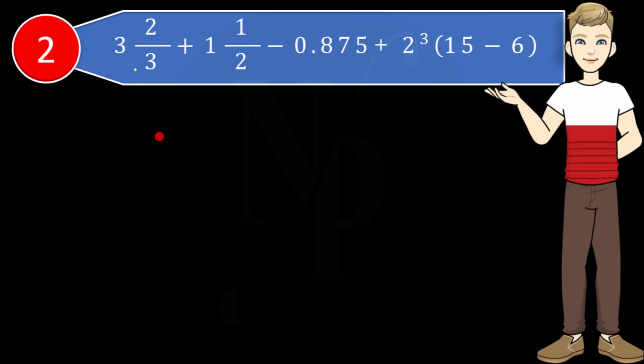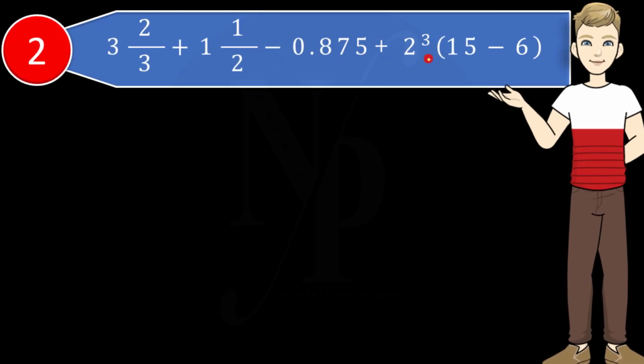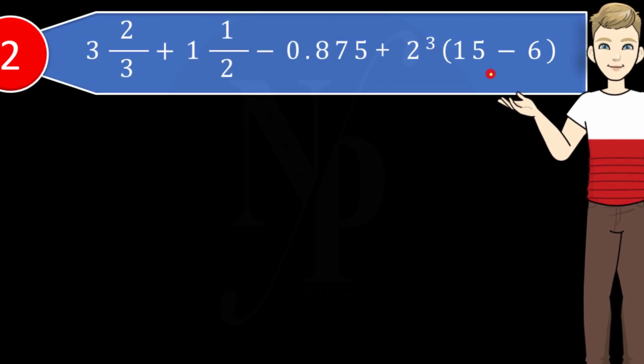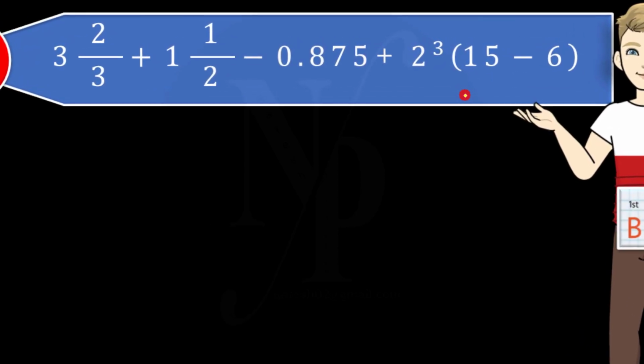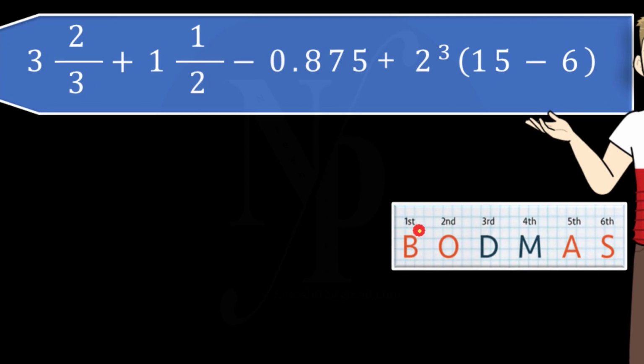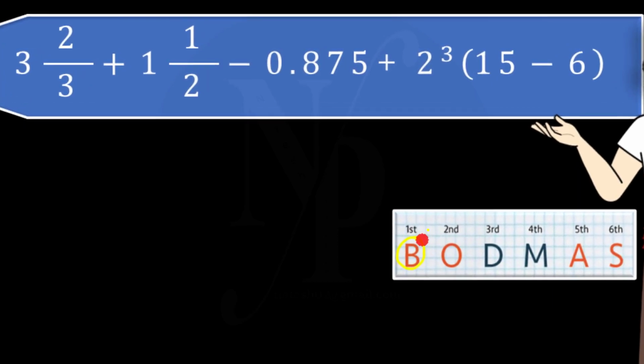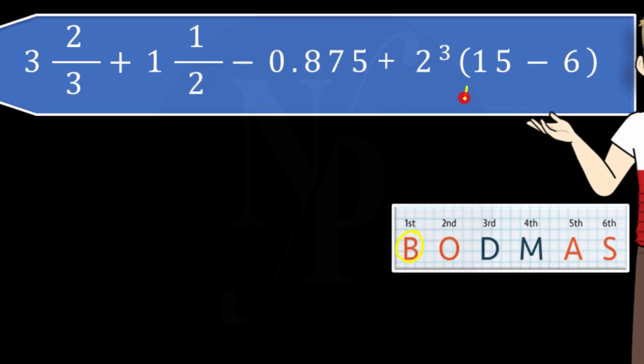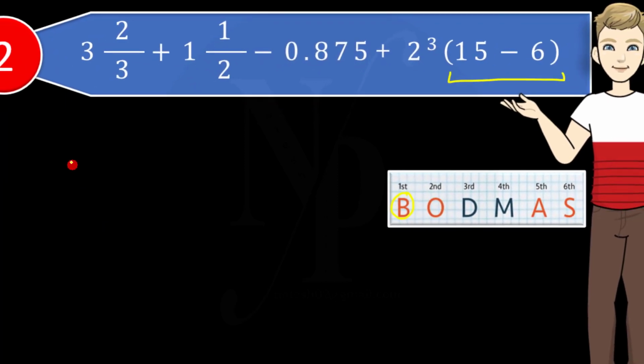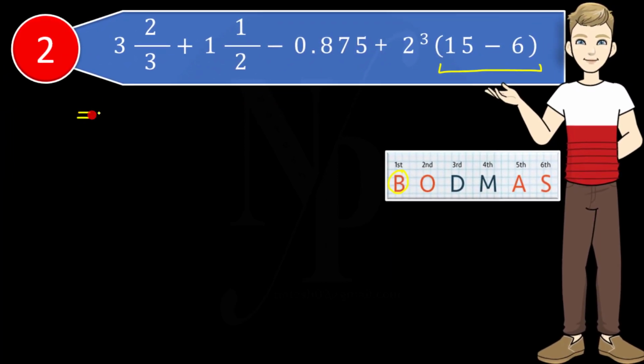Example number 2: 3 2 by 3 plus 1 1 by 2 minus 0.875 plus 2 cube into (15 minus 6). Here we will simplify the terms within the brackets first. That is, 15 minus 6 should be simplified first.